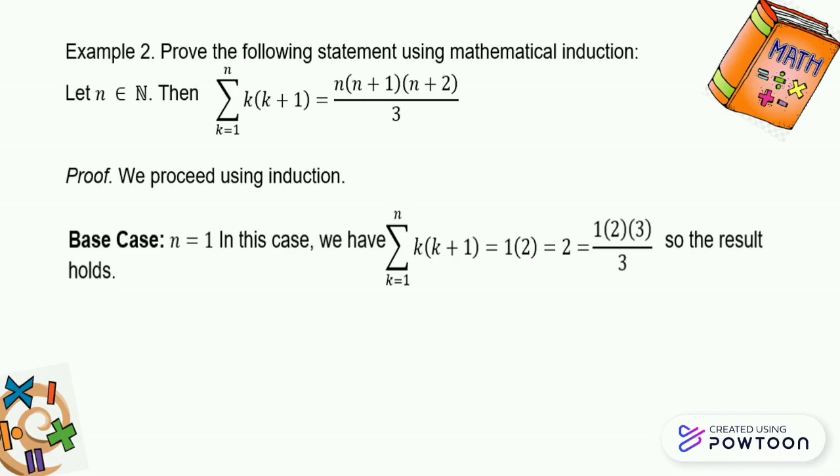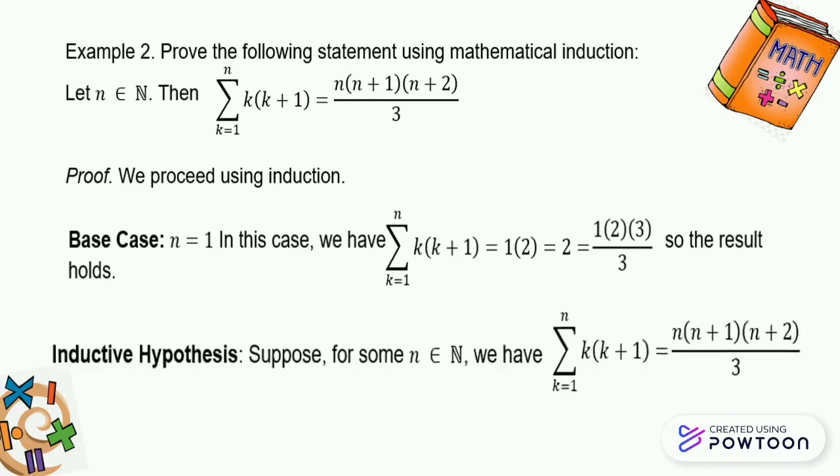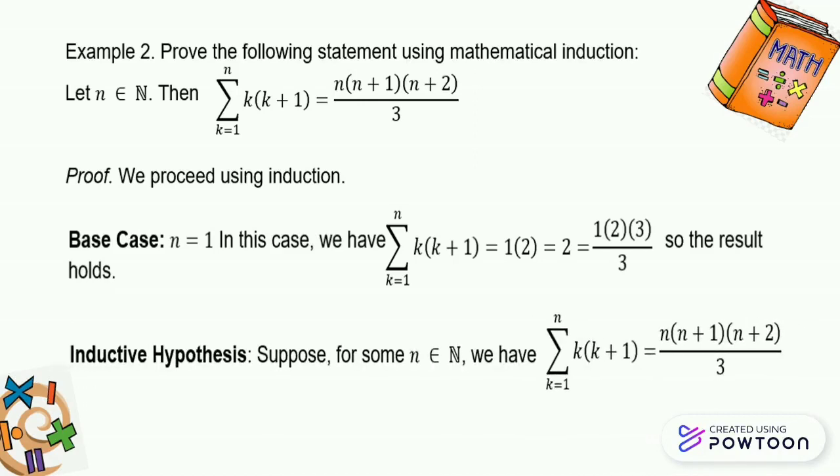So we have 1 times 2 times 3 all over 3. So the inductive hypothesis: suppose for some n, an element of the natural numbers, we have the summation of k(k + 1) equal to n(n + 1)(n + 2)/3.